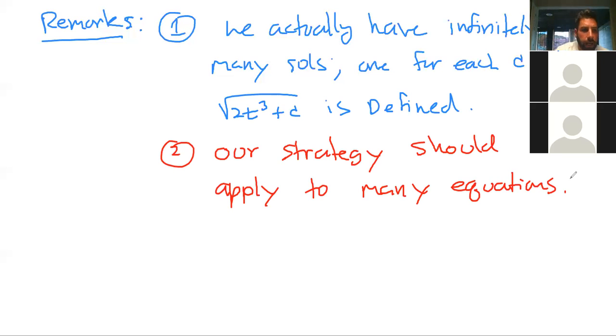If you look at our strategy, how we did it, you would imagine that if we can get all the y's on one side and all the t's on the other side, then all we can do is integrate, and voila.